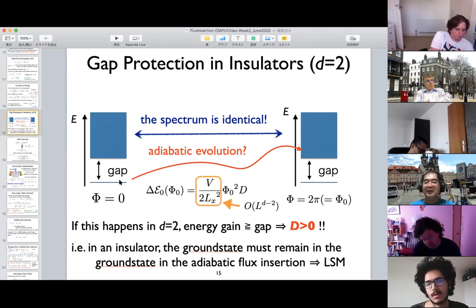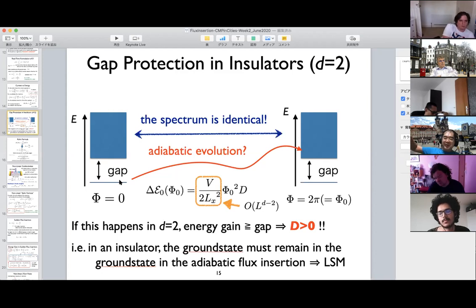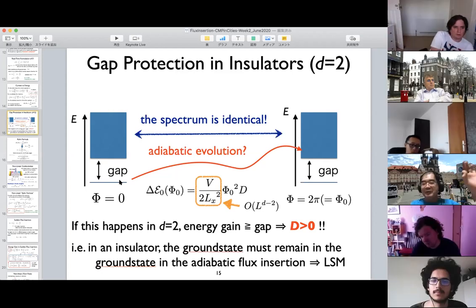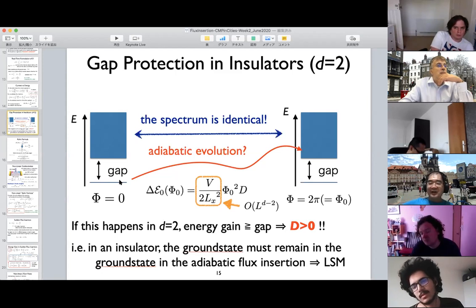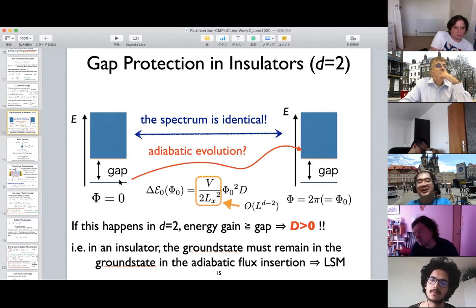If you have a finite temperature, then you have a Gibbs distribution, so many eigenstates contribute with some probability, and for each eigenstate we can track the energy eigenvalue as a function of flux, then take the derivative, and then we consider the statistical average with the same weight, because adiabatic evolution of a Gibbs state shouldn't change the probability of each state.